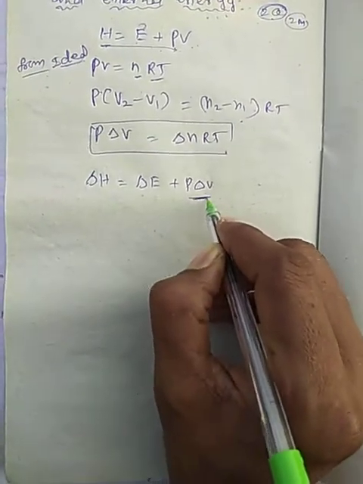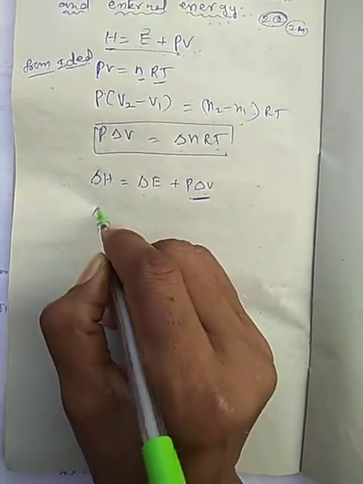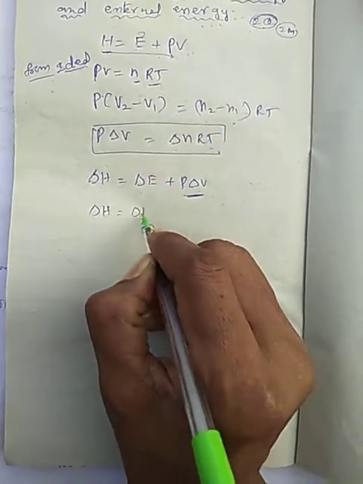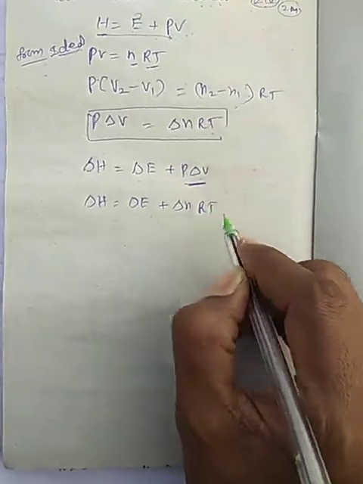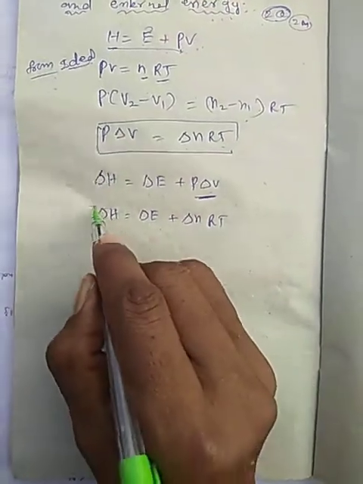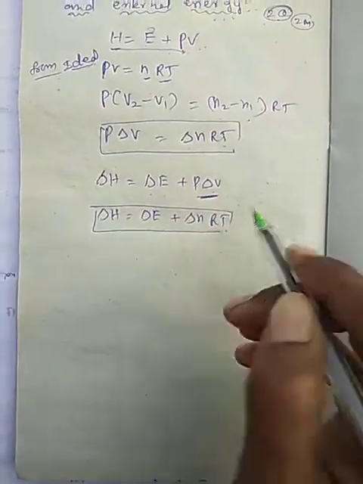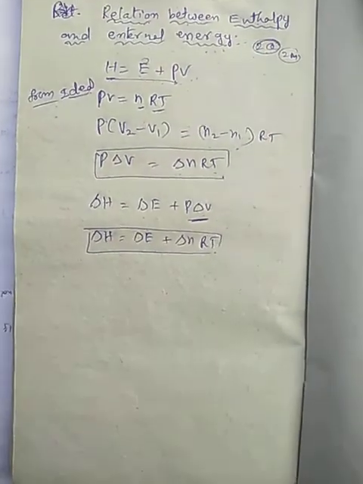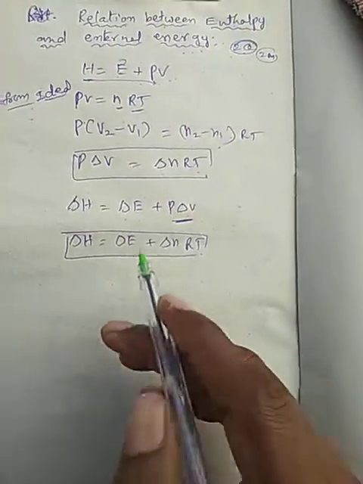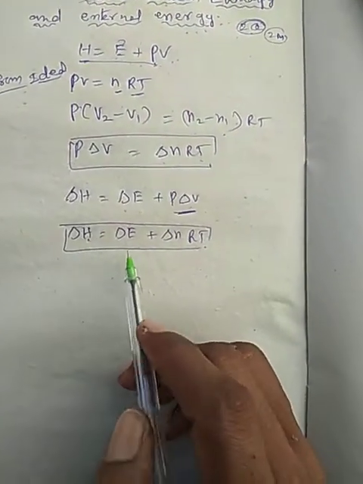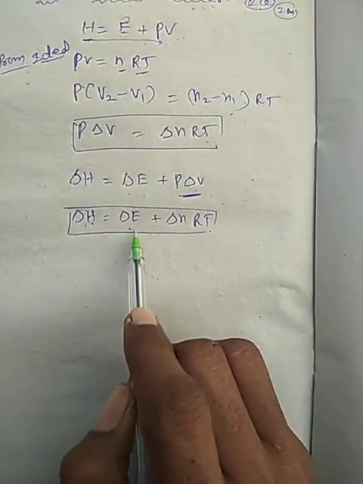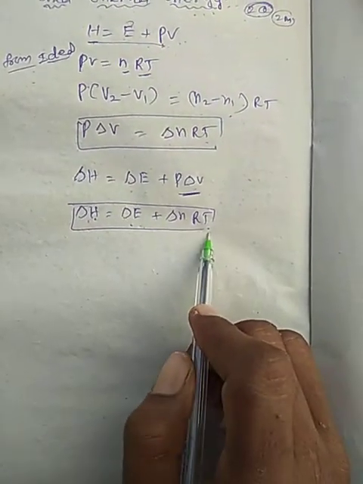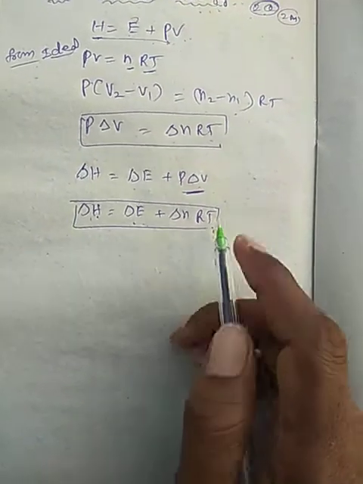We can write it as delta n RT. So delta H is equal to delta E plus delta n RT. This is the formula we can use for the relation between enthalpy and internal energy, and we can calculate some questions with it.